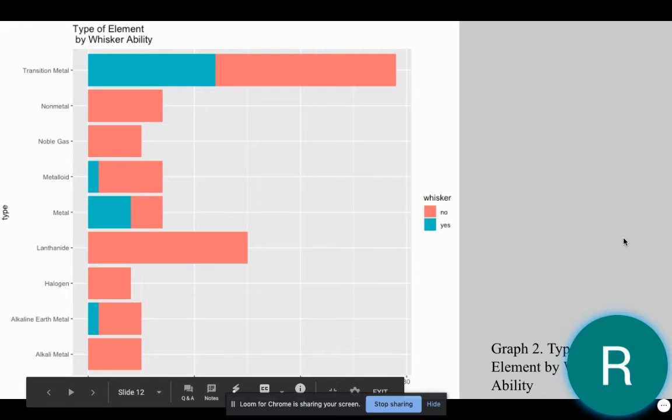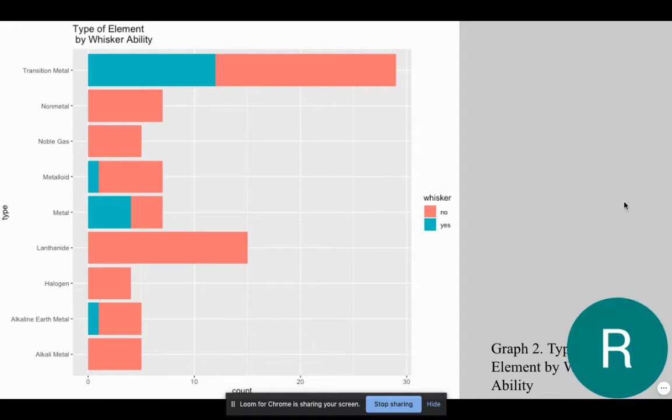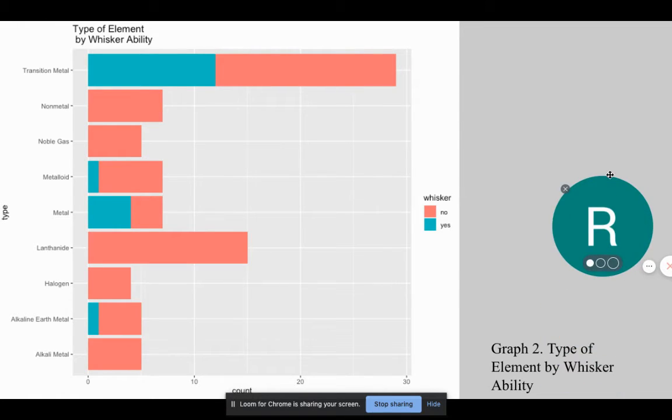So here's another graph of the type of element by whiskerability. I think it's pretty informative. So the type of element transition metal is the most popular for whiskering. And other types of elements that whisker are metalloids, just regular metals, and alkaline earth metals.